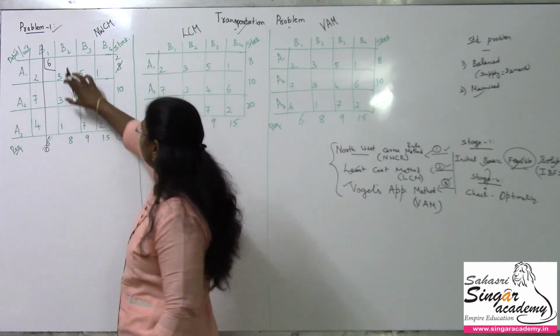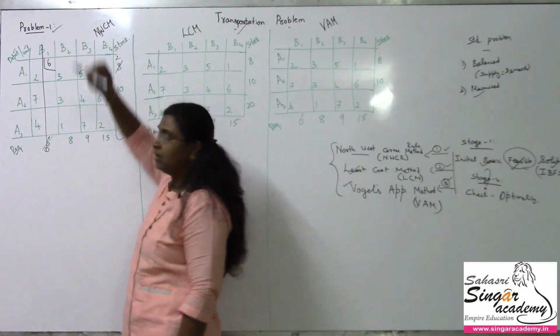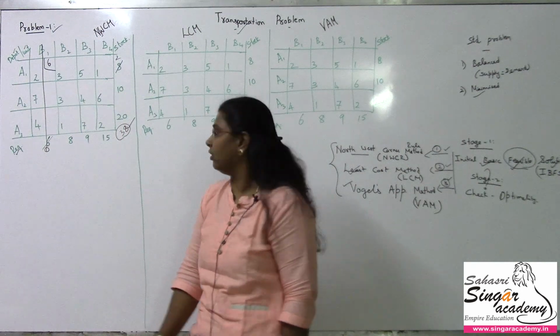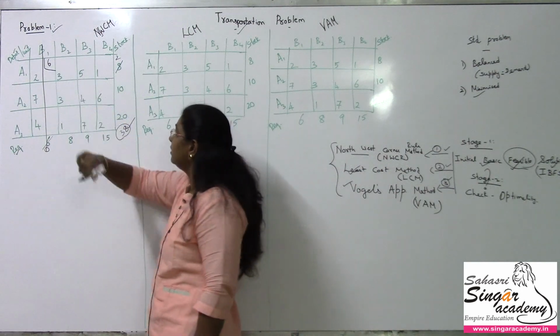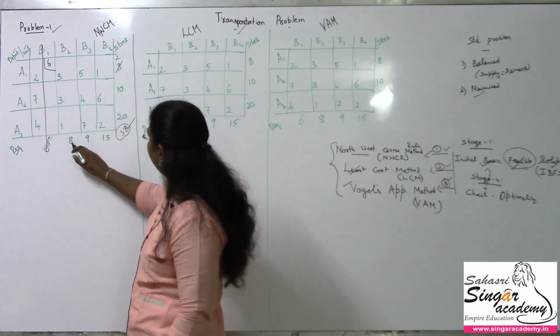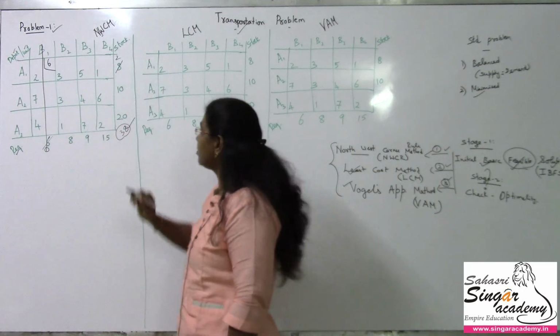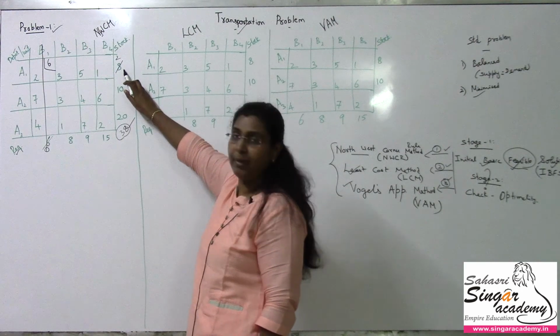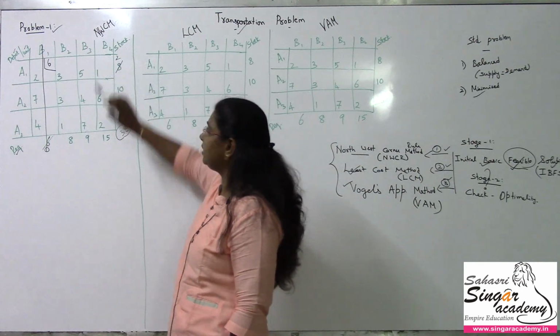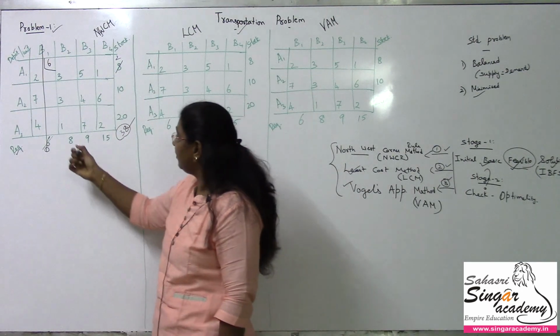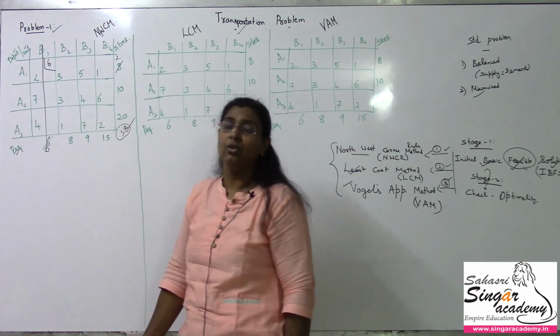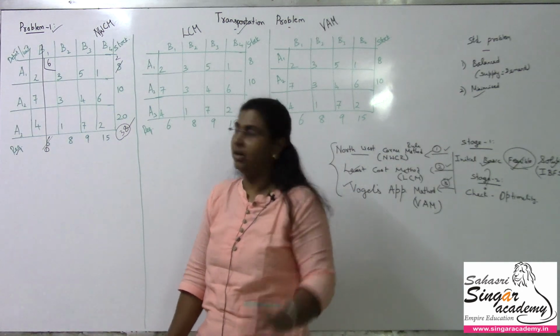Next we will go for the northwest. This is why it's called northwest. Go for the top left corner. So this is the northwest here. The requirement for B2 is 8, whereas A1 can supply only 2 units. Am I right? A1 has already supplied 6 units to B1 and has only 2 units remaining. Whereas the requirement for B2 is 8, the northwest corner will still be allocated.